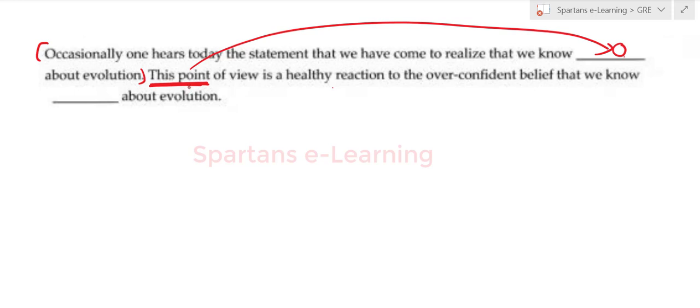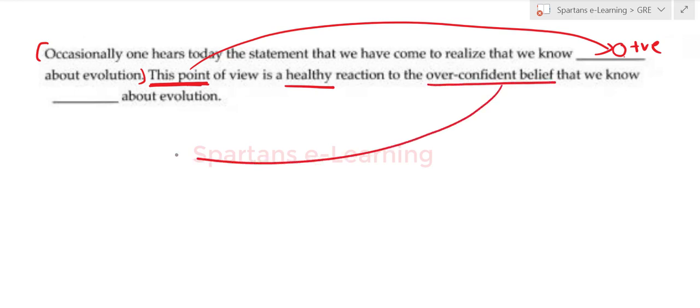So this point of view is healthy, it seems. That means this is something positive. Is a healthy reaction to the overconfident belief. So here overconfident belief, this is the keyword for second blank. So your second blank is actually depending on this overconfident belief that we know about evolution.